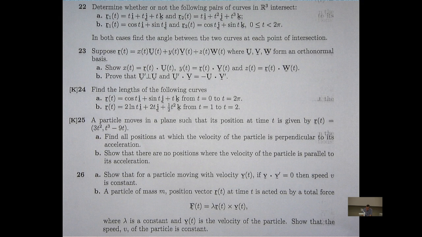Anyway, last one. I'm going to do part B. 26 part B. Anyone done it? Yes, using F equals ma, something like that. Oh, I'm going to use F equals ma, so maybe I'm using a little bit of physics now.